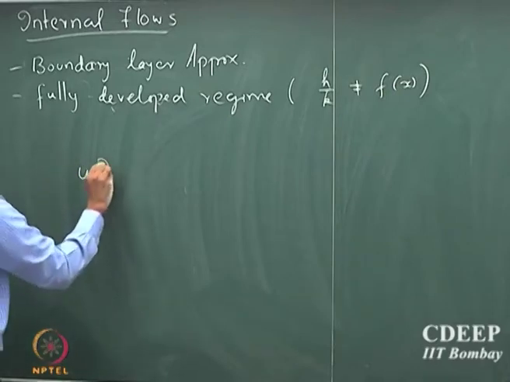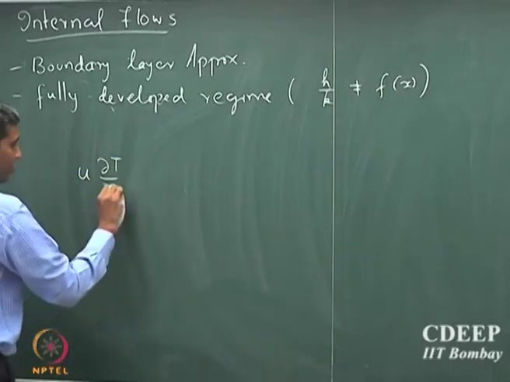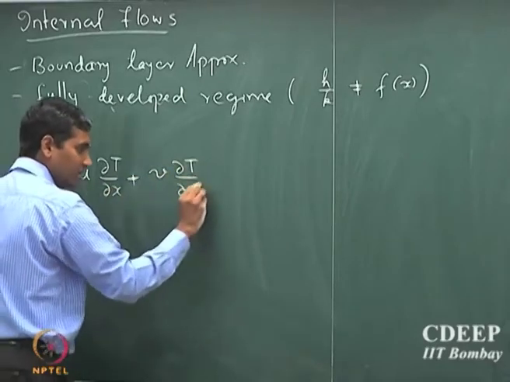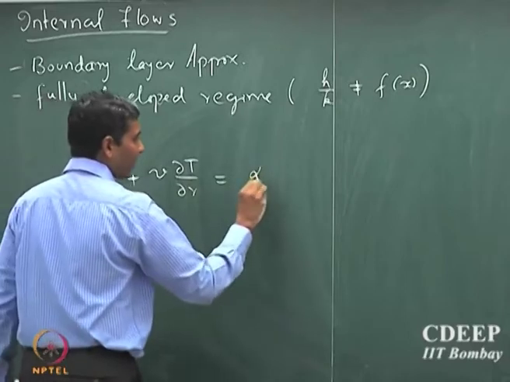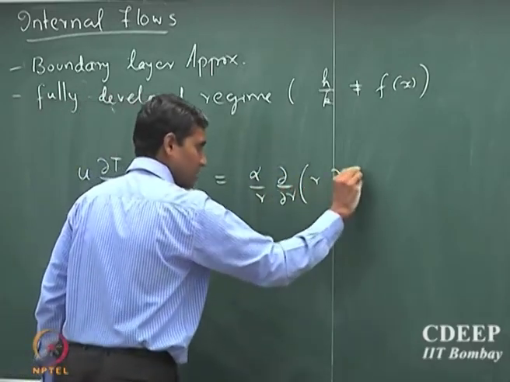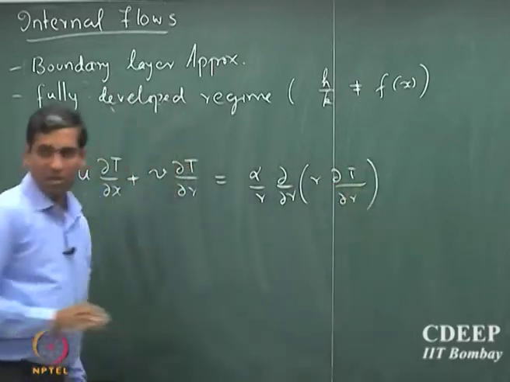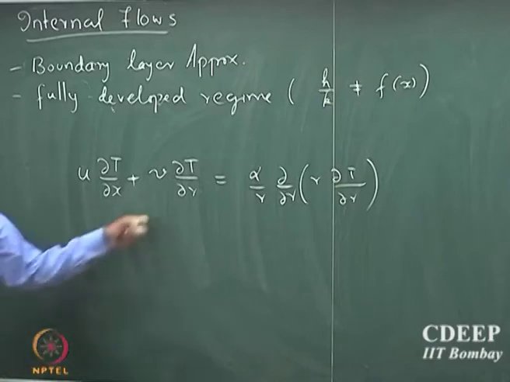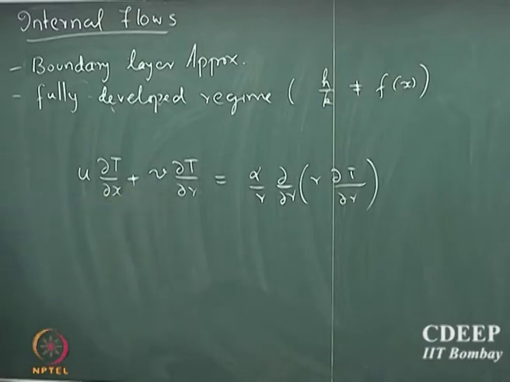The model equation for energy balance is u dT/dx plus v dT/dr equal to alpha by r d by dr of r dT/dr, after you introduce the boundary layer approximations. What is V in the fully developed regime?